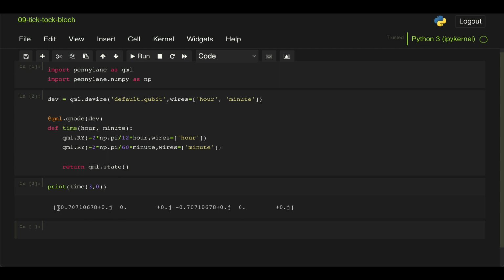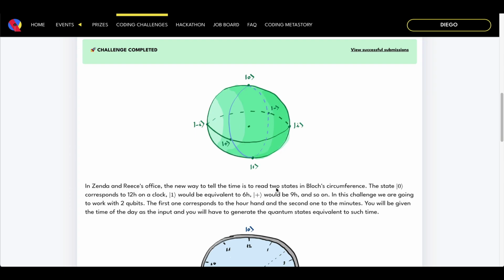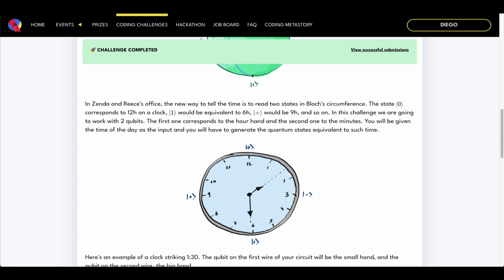We get, as we can see here, state minus for the hour and state 0 for the minutes, right? So we got, if we see here, 1/√2, 0, 0, and minus 1/√2, 1, 0. That means that we have state minus on the first qubit and state 0 on the second qubit. And that is exactly what we were asked to do, right? So at 3 o'clock, we should be pointing in state minus.